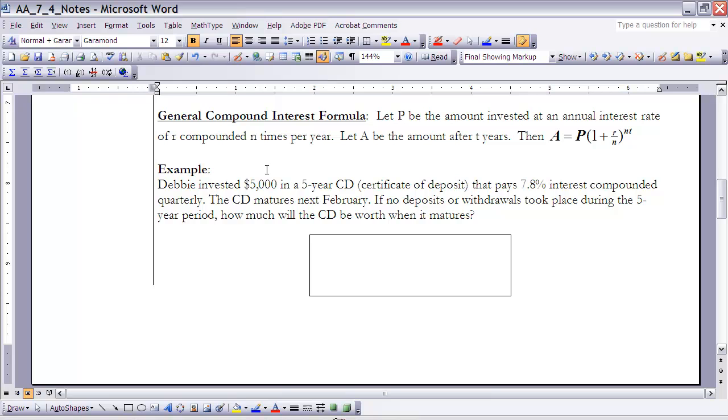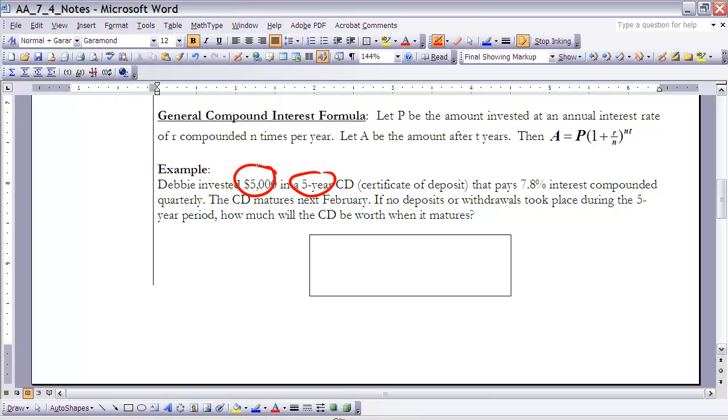Alright, so let's take a look at this second example here. It says Debbie invested $5,000 in a 5-year CD. Okay, so the $5,000 represents the original amount that we invested, or P, in a 5-year CD. So this 5 years represents the amount of time in years that the money has been invested.